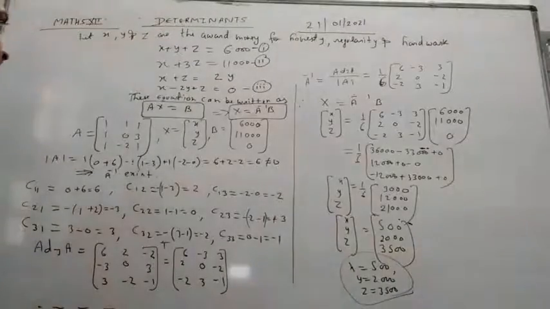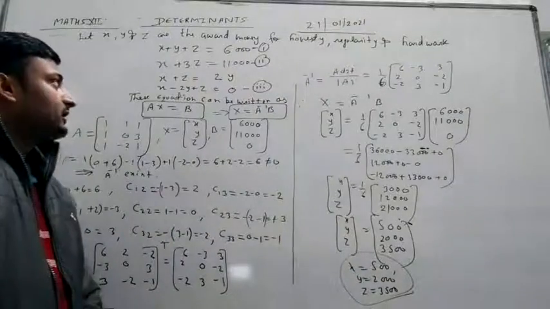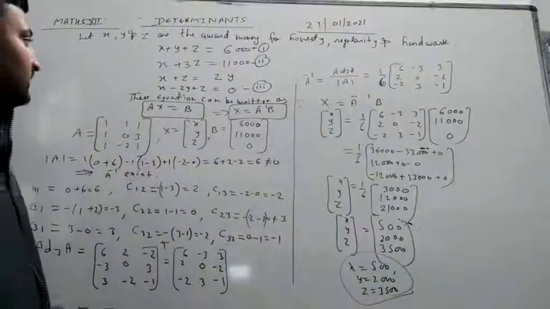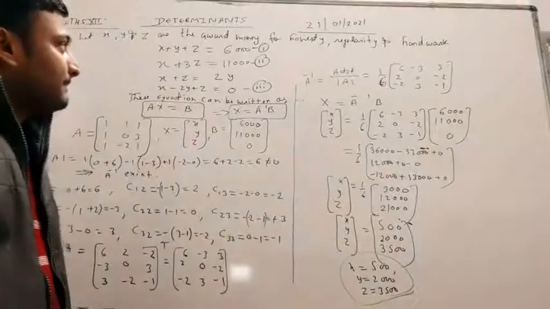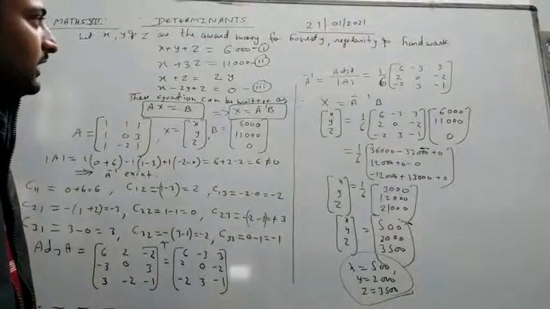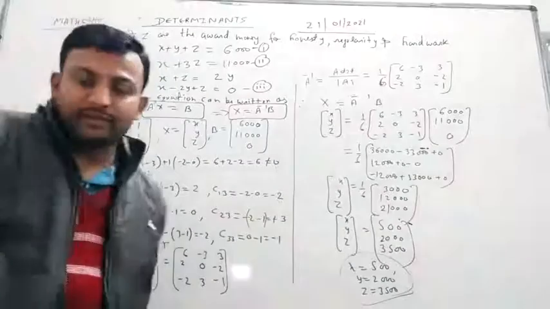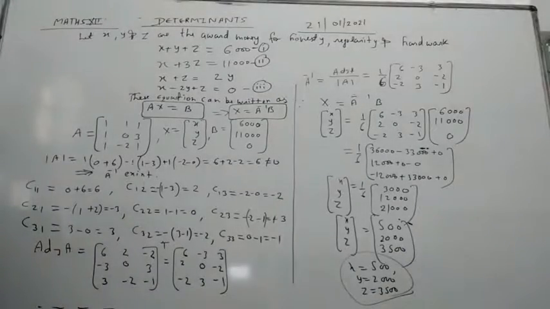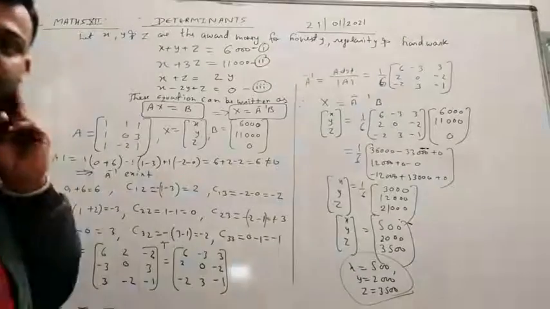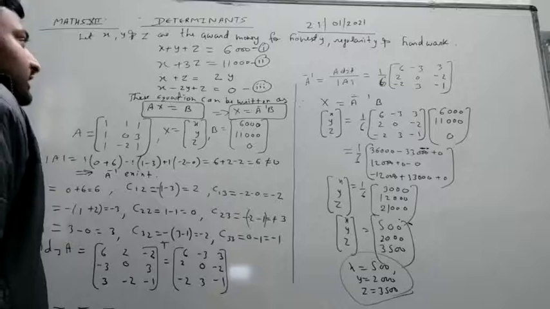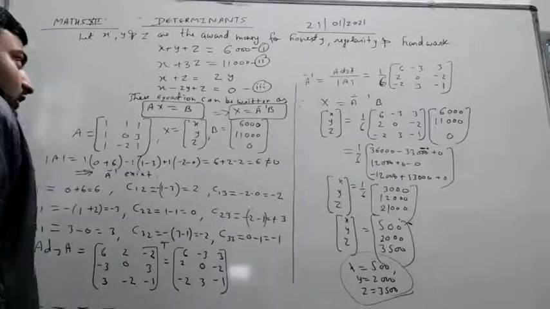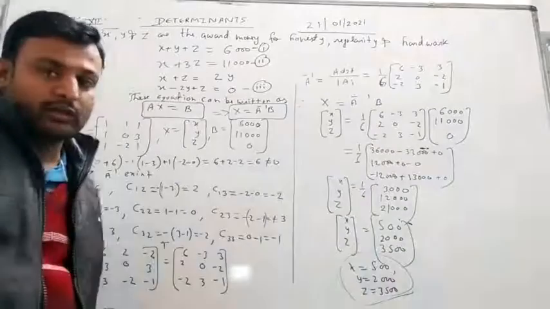Let's see once again first. Our question is that the sum of money for honesty, regularity and hard work is given to the students. Okay, and the total cash money is 6,000 rupees.